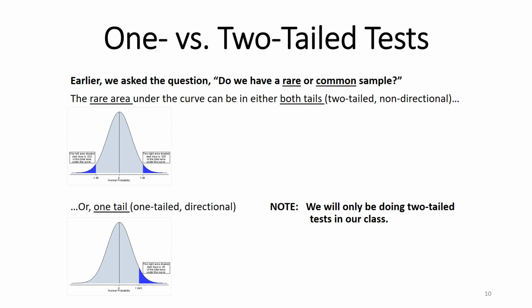Here, imagine if we said we're only predicting a change in one direction. Well, in this one, we would put all of the 5%, the alpha of 0.05, that 5% of the area under the curve, in only one tail. And so you'll notice that here, the critical value becomes 1.645 because that's a point at which there is 5% above it, 95% below it.